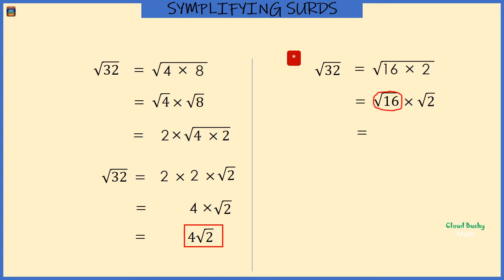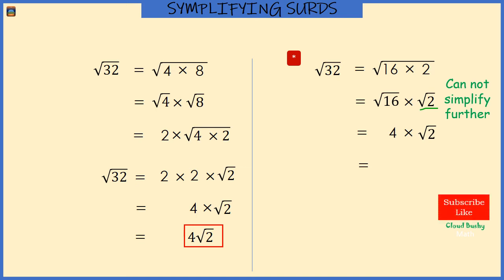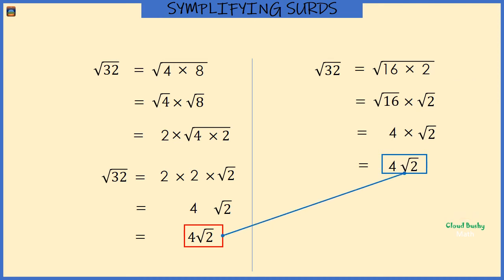We know that the square root of 16 is 4, times, we cannot simplify root 2 further, so we're going to write it down as root 2. So we have the square root of 32 is equal to 4 times root 2. That is 4 root 2. So we have the same solution.